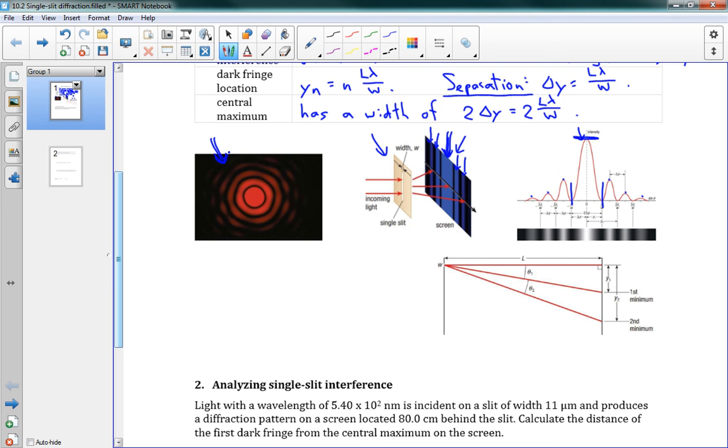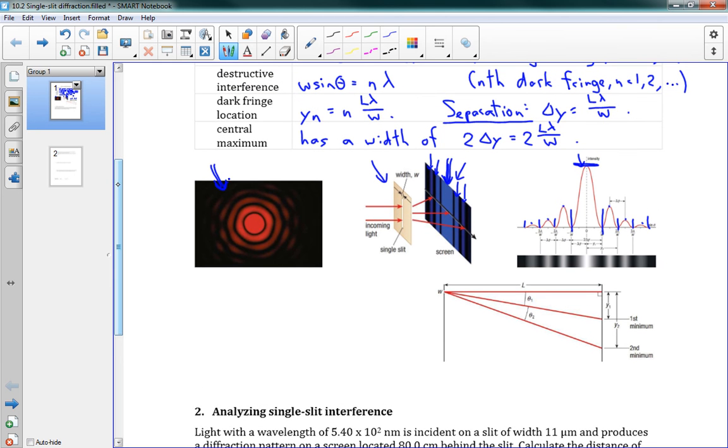And the other thing you can notice is that really it's just this central maximum that's twice as wide, and then the rest are just equally spaced as we go. And that comes directly out of our equation for the dark fringe location, or the dark fringe angle. So we're just talking about n lambda here.